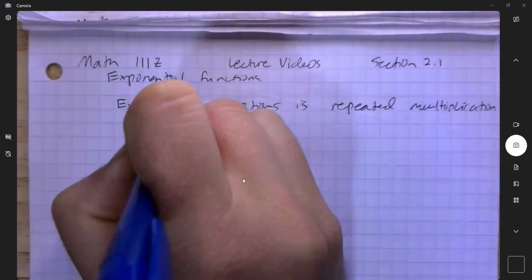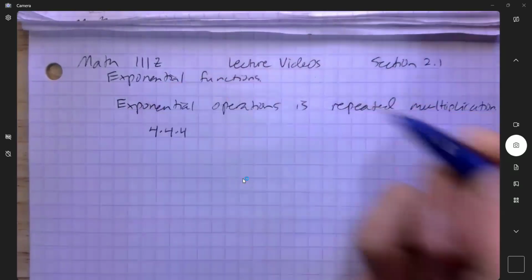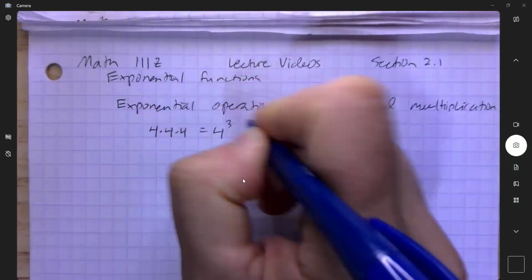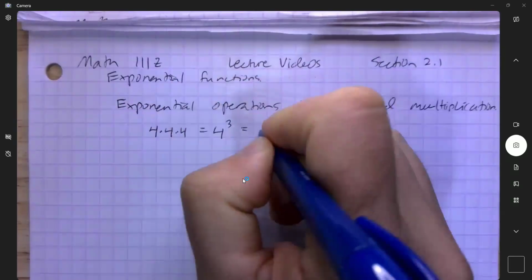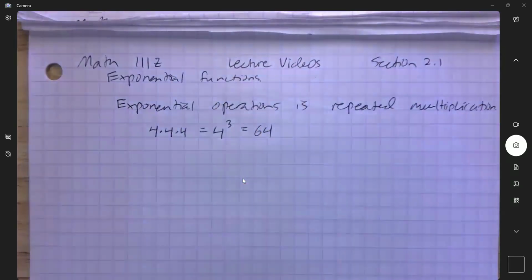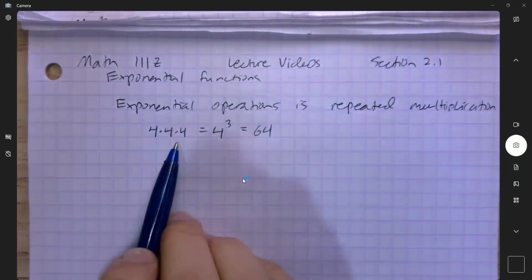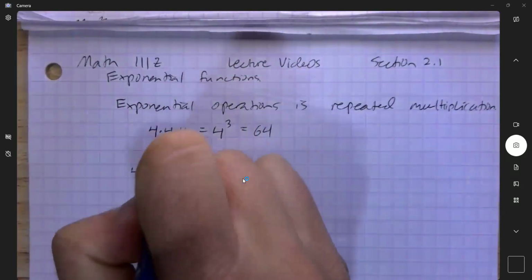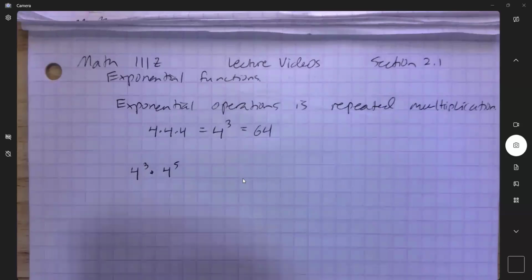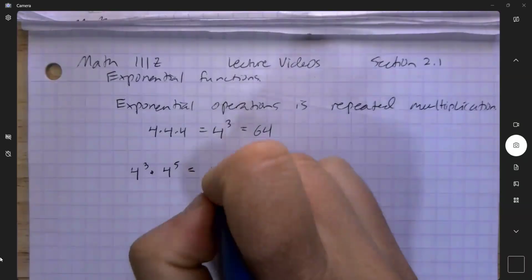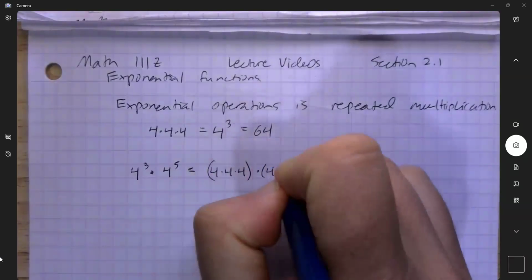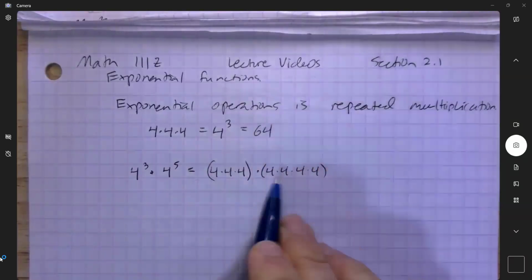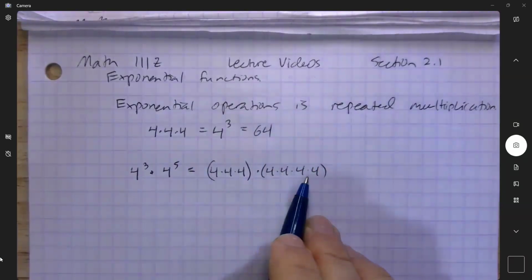So instead of writing 4 times 4 times 4, I can write 4 cubed, and 4 times 4 times 4 is 64. Because of the way repeated multiplication works, if I do 4 cubed times 4 to the 5th, I can write out that repeated multiplication, and I get 4 times 4 times 4 times 5 fours all multiplied together.